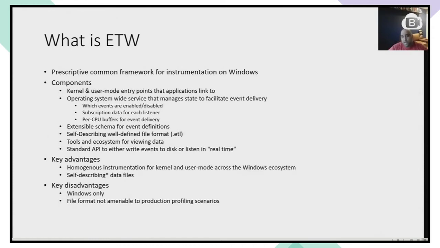And the disadvantages, obviously, is that it's Windows specific, and therefore, if you want to use it in Linux, you have to do some sort of porting exercise, probably carry some concepts because the file formats and obviously the other functions are Windows specific. And even though I mentioned the file format initially as something that we leverage, we actually leverage mostly the concepts, and the actual file format is not very amenable to production scenarios.